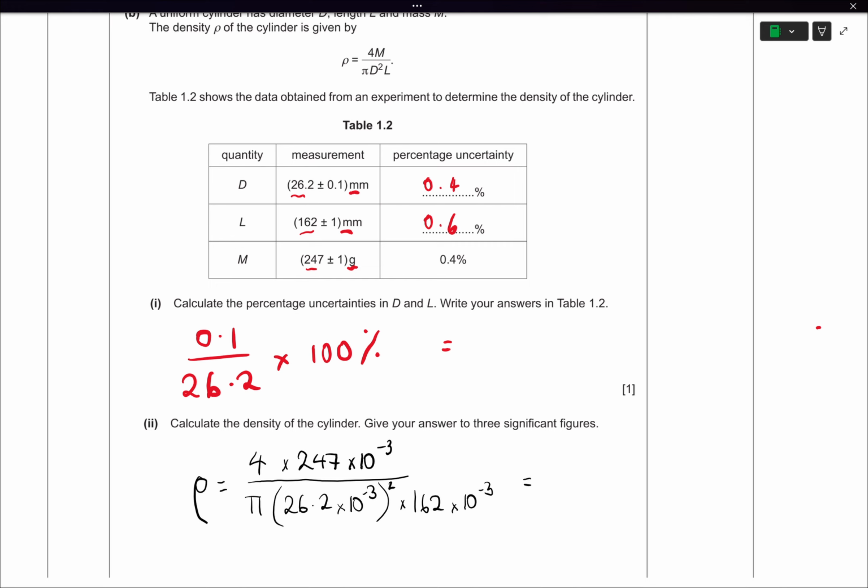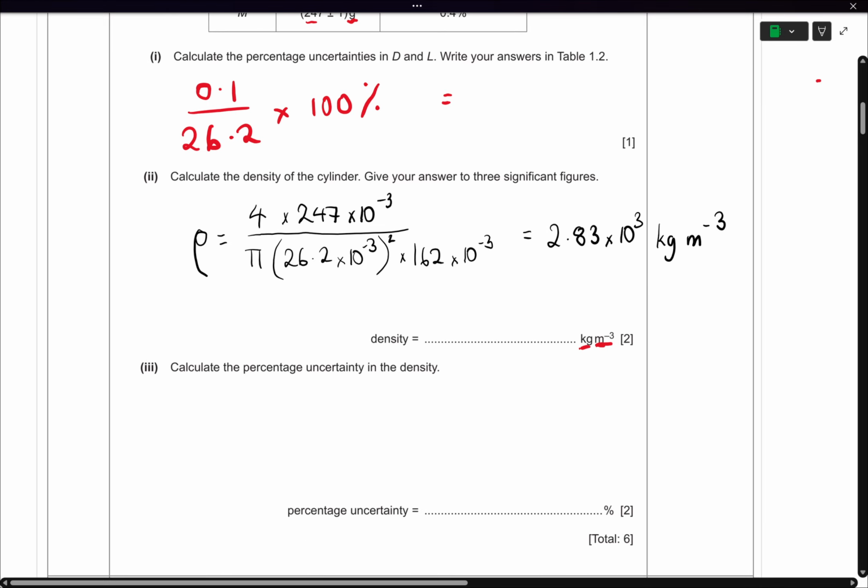So as a general principle, rather than trying to do these conversions in our head, we prefer to use the powers of 10 to calculate them. So this gives us an answer of 2.83 times 10 to the 3 kilograms per meter cubed.